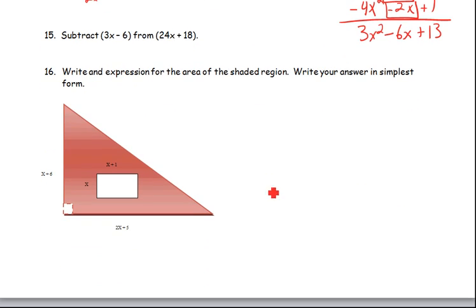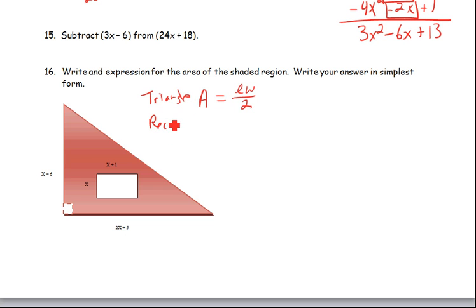Alright, last one. Write an expression for the area of the shaded region. Write your answer in simplest form. Well, remember, the area of a triangle is length times width divided by 2. So this is a triangle.